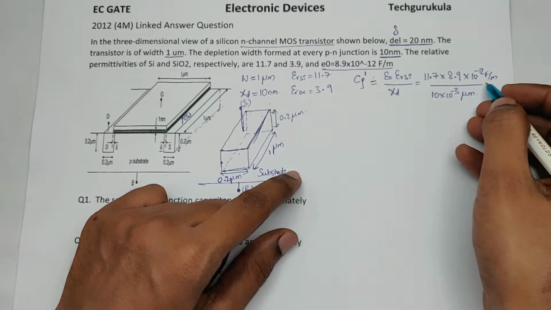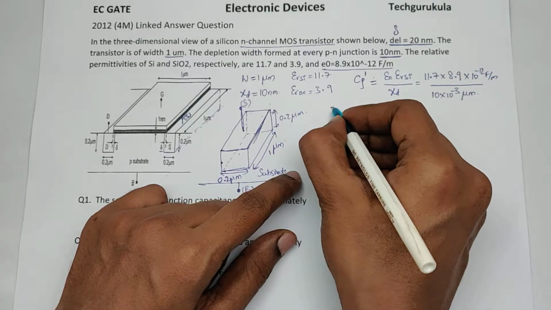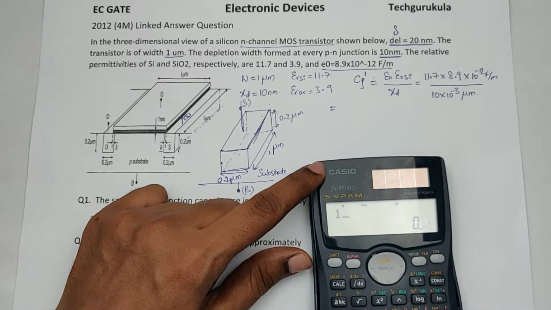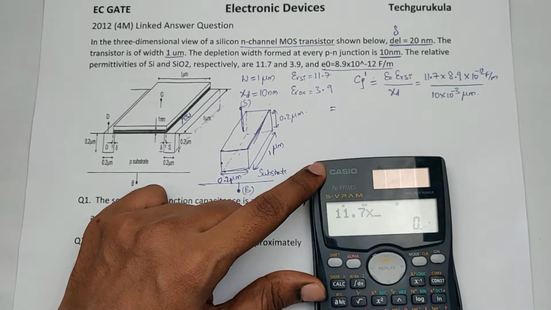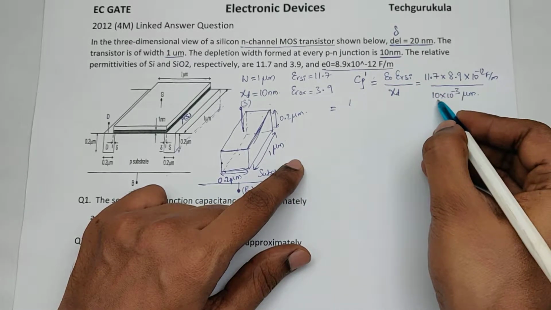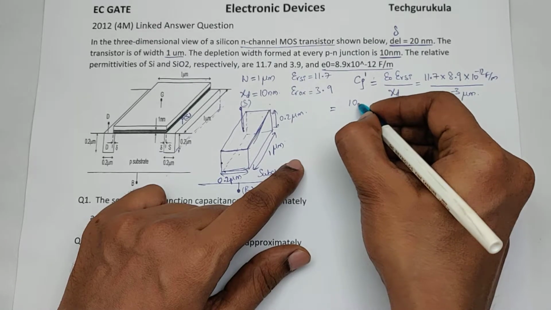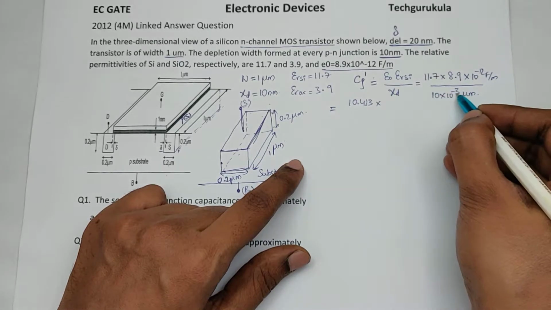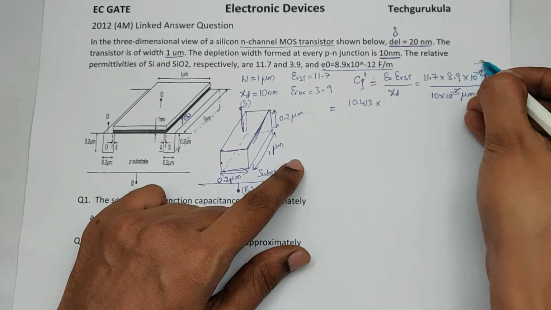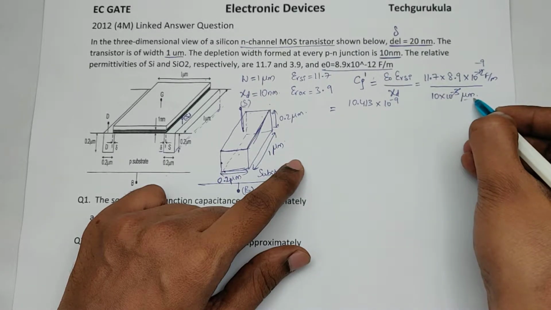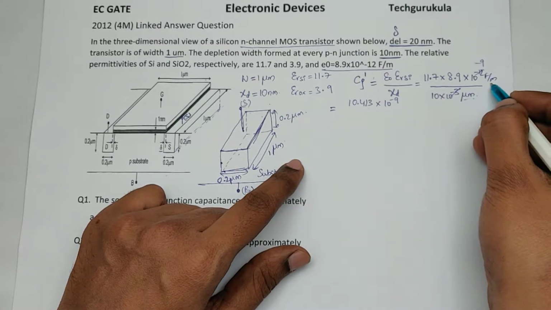Now we want to find this value in terms of micrometer square, so let me rewrite this. 11.7 times 8.9 is 104.13. 104 divided by 10, I'll write 10.413, times 10 power minus 3, it becomes minus 9. So I have 10 power minus 9. Now I have micrometer in the denominator and 1 meter is there.